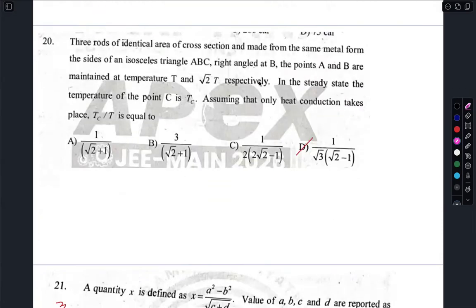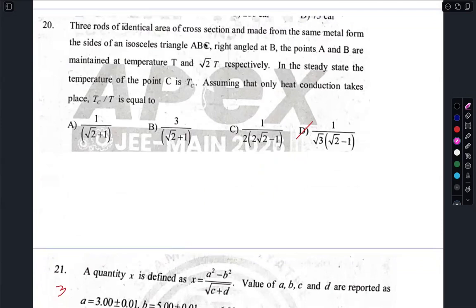Next. Three rods of identical area of cross section and made of the same material form the sides of an isosceles triangle ABC, right angled at B. I have recently done this in class also. The points A and B are maintained at temperature T and root 2 T. No issues. Whatever the current that goes passes through this. Let that be TC.